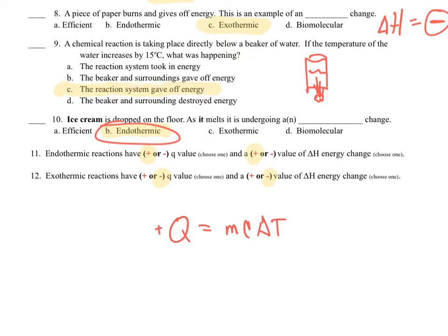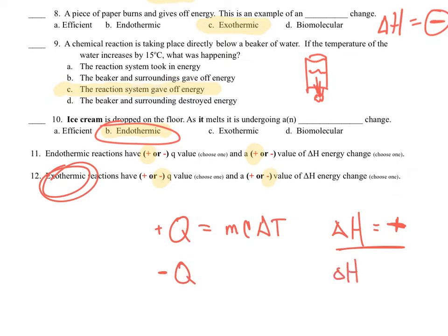As far as the delta H for that type of reaction, that's going to be a positive number for endothermic. So the heat that goes in is positive and the delta H is positive. For exothermic, the heat will come out and that'll give you a negative amount of energy, and then delta H will be a negative number. Exothermic, negative delta H, or a loss of heat, a decrease in heat.